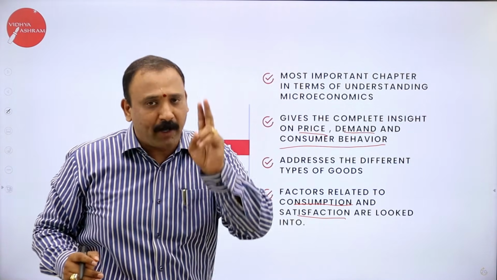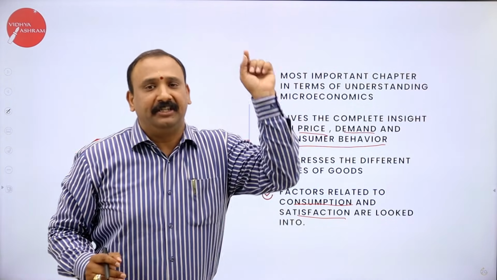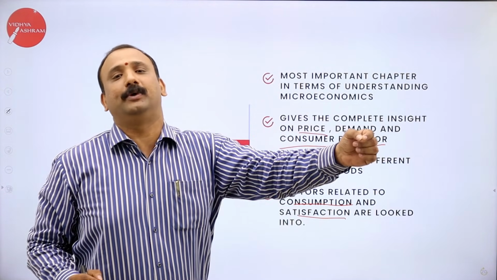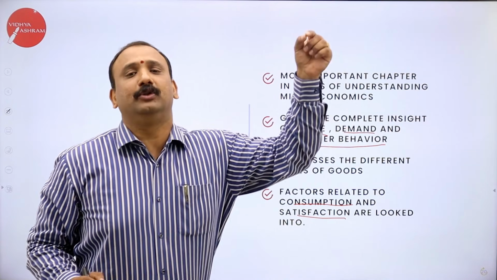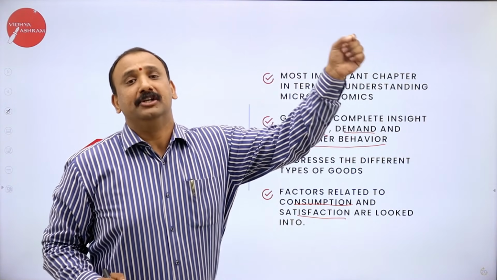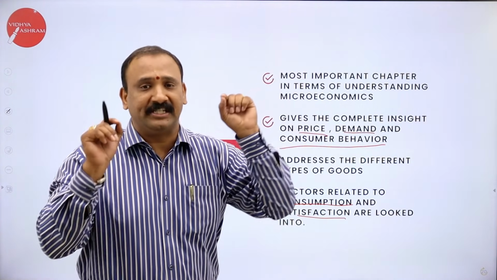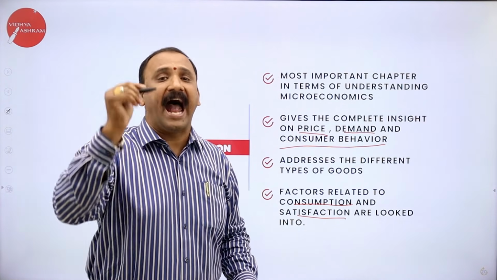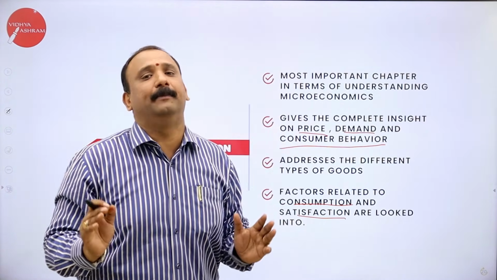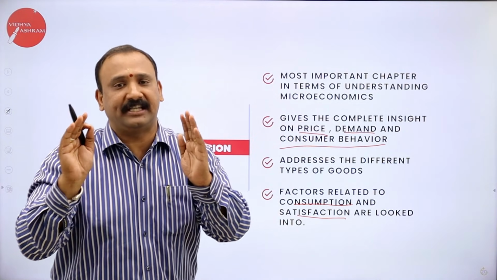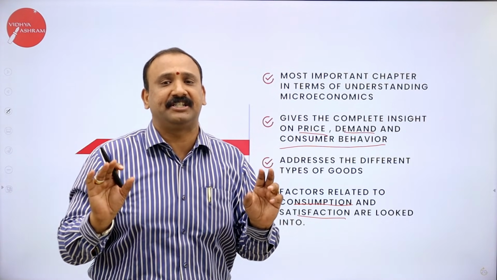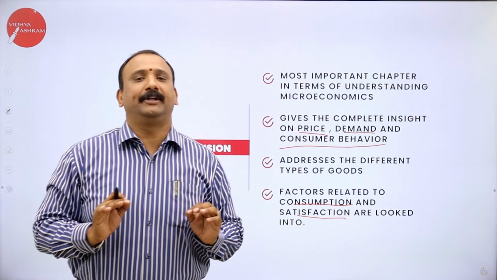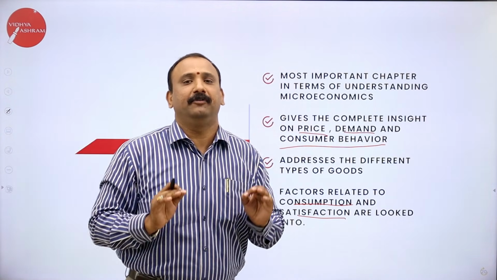So that means for a country to achieve the consumer equilibrium, satisfaction combined with consumption will lead to the growth of the economy. So it's very, very important that we see that the consumer is able to consume whatever he wants at the best price, at the best availability, and he needs to see that he attains satisfaction at the earliest level possible. With this, I would like to conclude the second chapter for today.